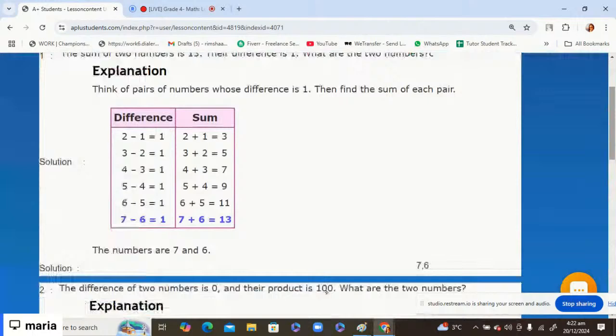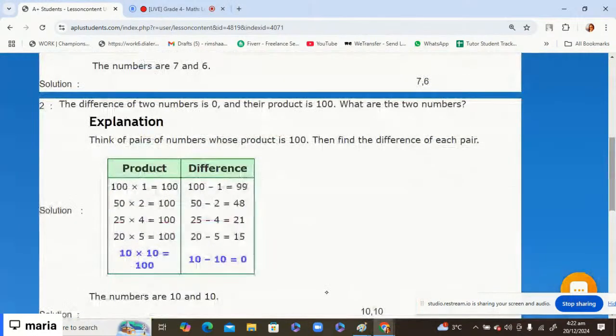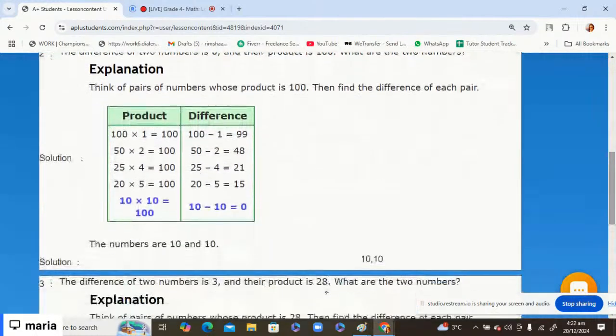This is the same as the previous one. Here the sum of two numbers is 0 and their product is 100.